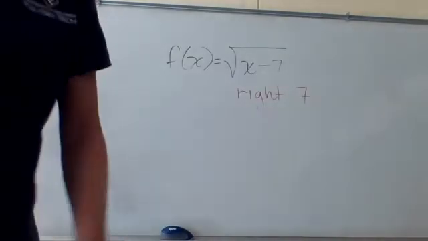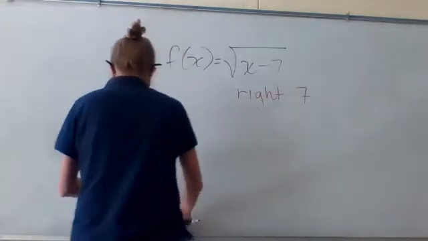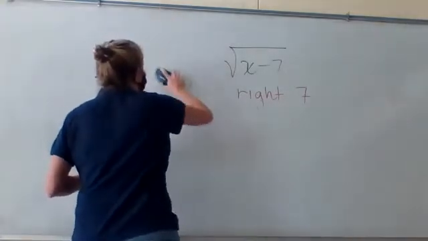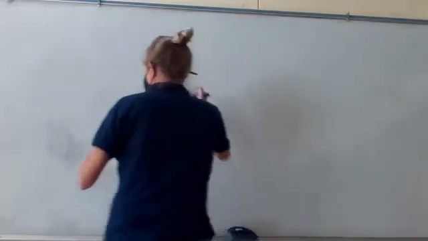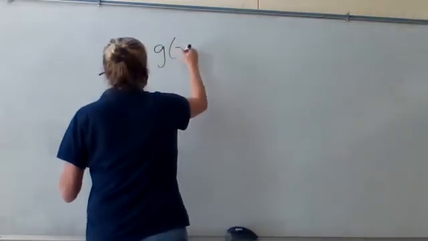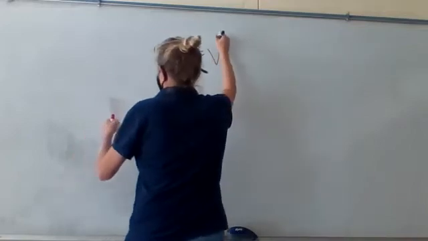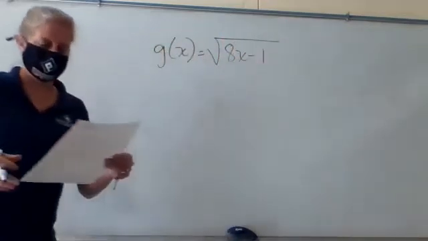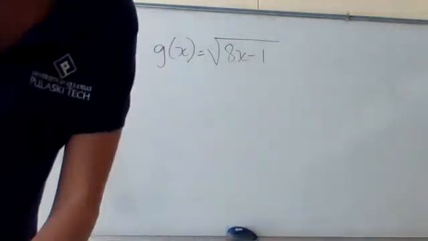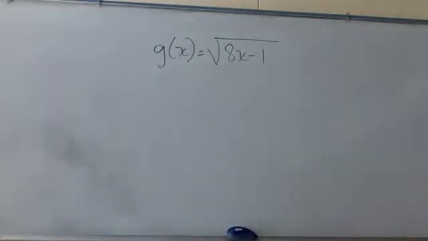Number 18. This one's tricky, so I'm going to kind of give you a clue on how to pick out which one. Let's go and put it in our y equals.